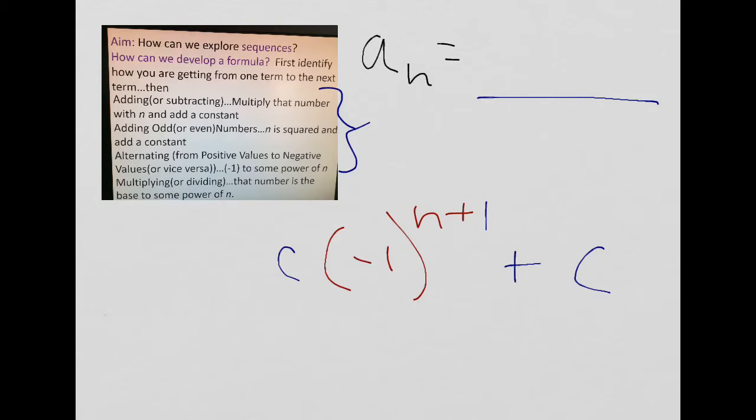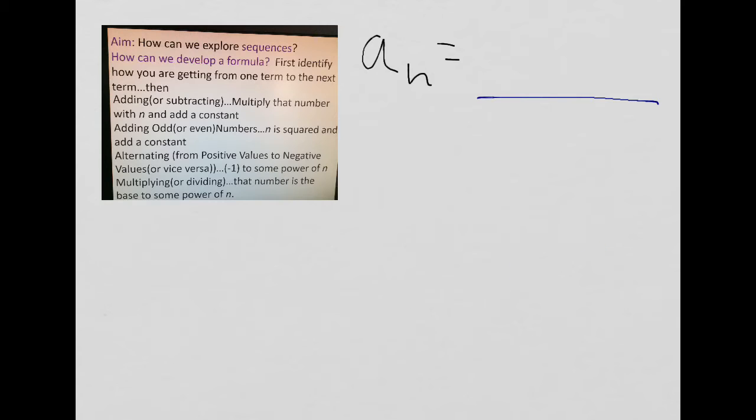So that brings me to the last but not least. If you see that you are multiplying by some number, it's the same as dividing. So that number is the base to some power of n. It may just be n. It could be n plus 1 or n minus 1, as I was describing in the last problem.